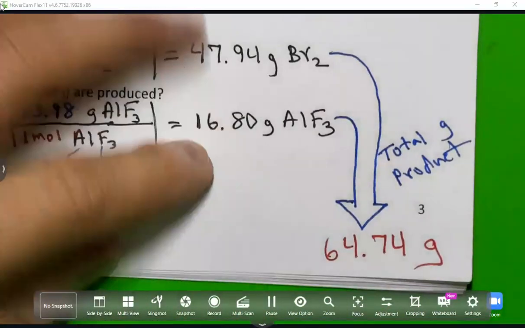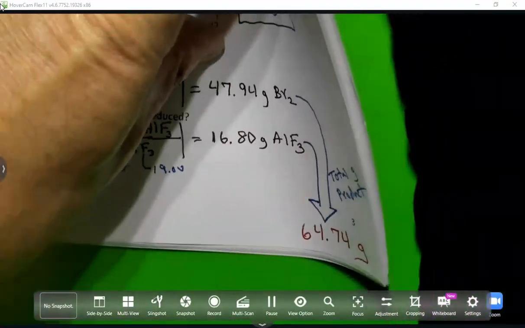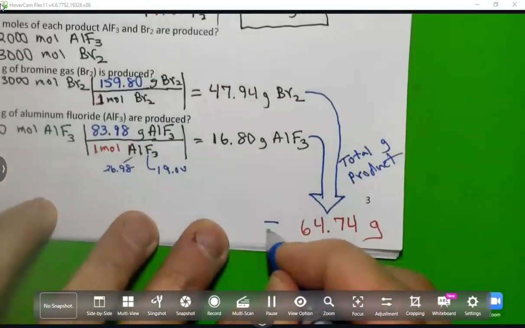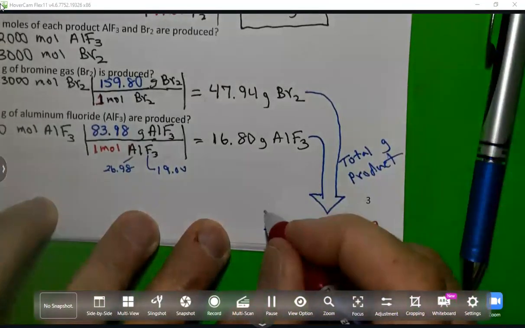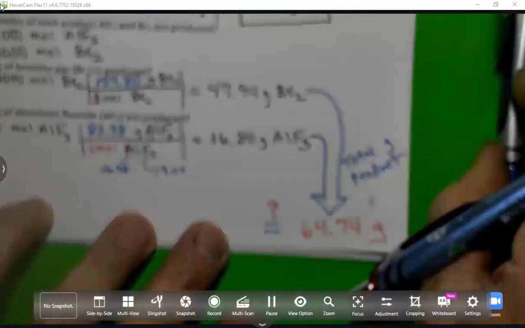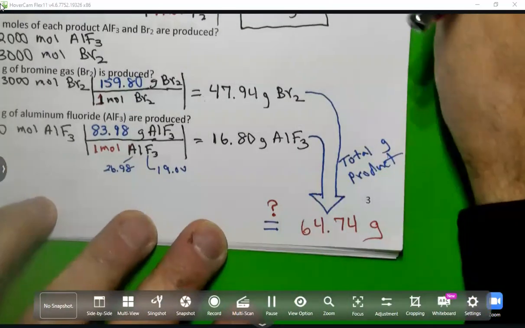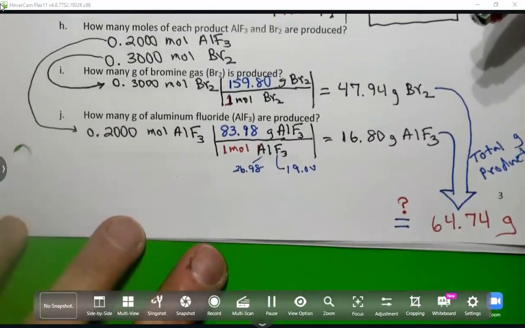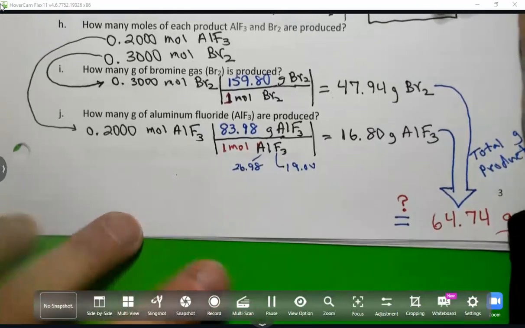That has to equal, and does it equal the grams of reactants that reacted? The grams of reactant that reacted. So let's go over to the left side here and figure out to see if this works out.